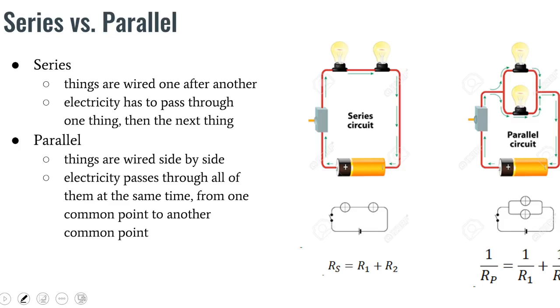Then when we think about connecting electric devices in circuits, we can have two different ways of connecting them. One is called series and the other one is called parallel. When it comes to series, all the devices that we have here are connected one after the other.